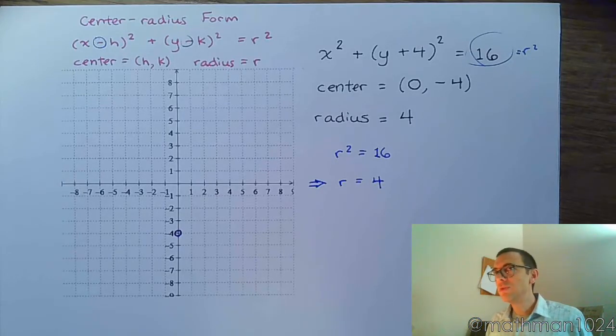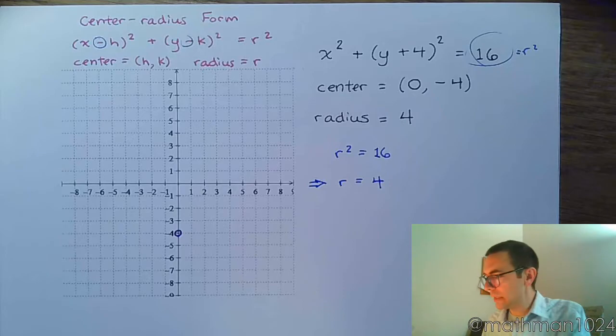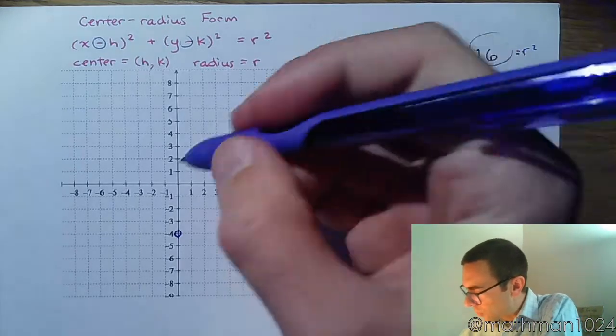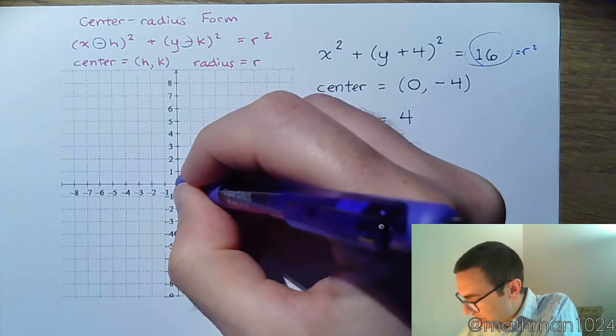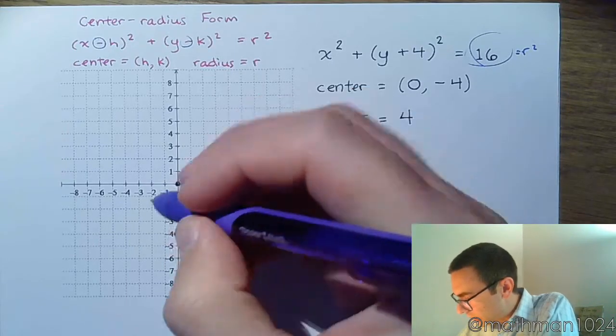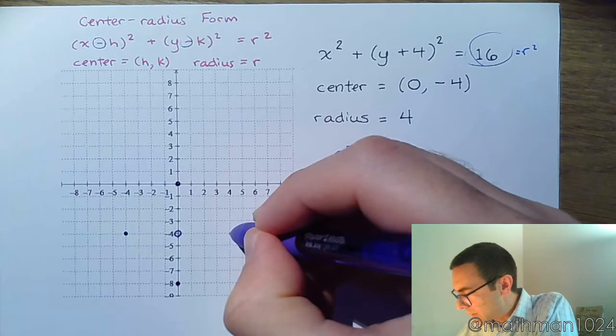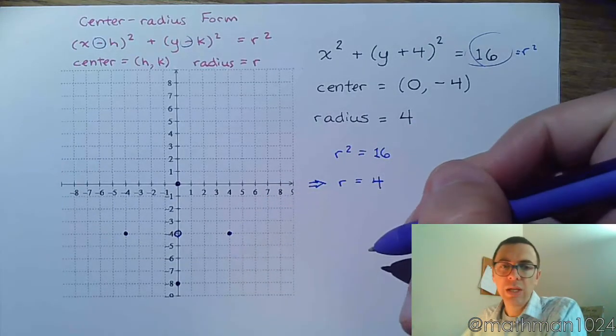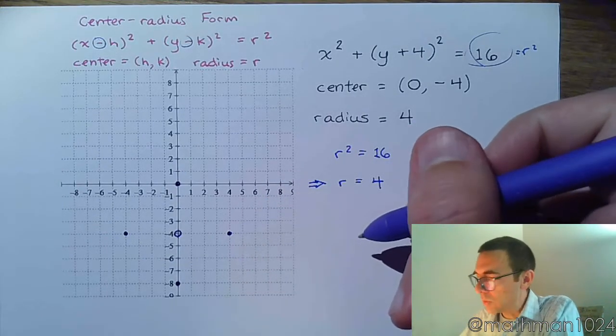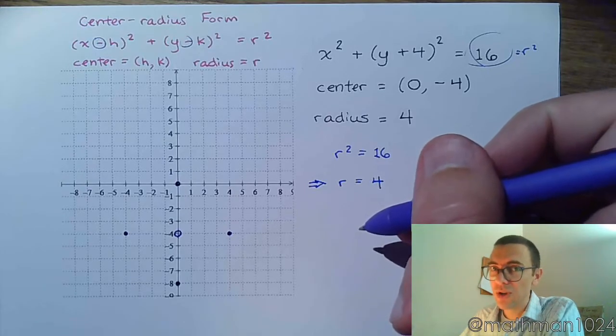Now, it's kind of hard to do 4 units out in a diagonal direction, but going up, down, left, and right, it's very easy to get 4 key points, and that should be enough to draw a close facsimile of a circle. So radius of 4 means I'm going to go up 4 units, down 4 units, to the left 4 units from that center, and to the right 4 units. And so from here, you're going to do your best to draw a circle.